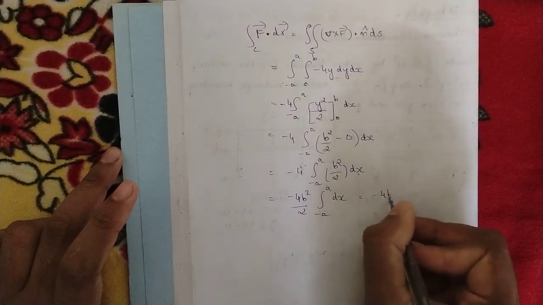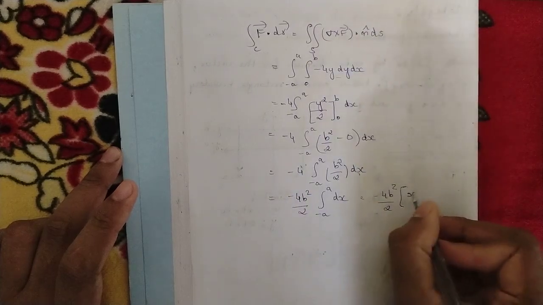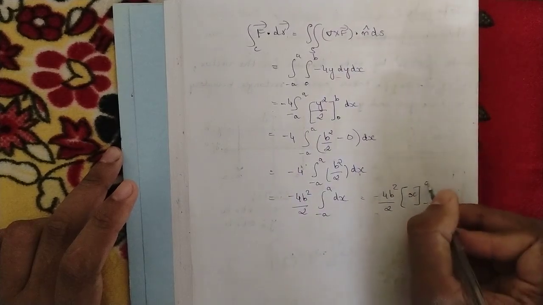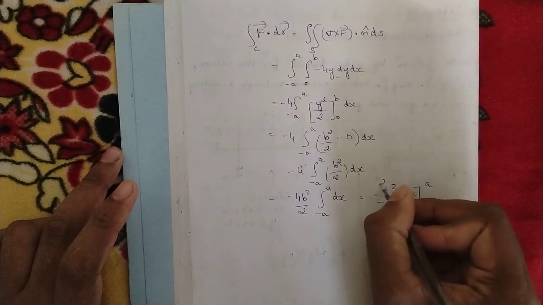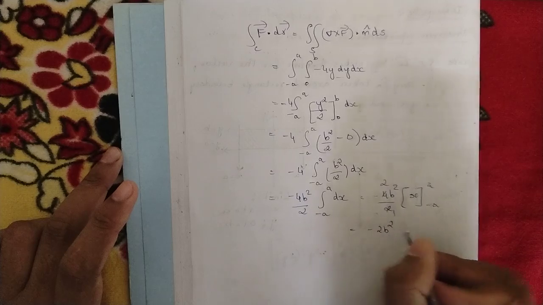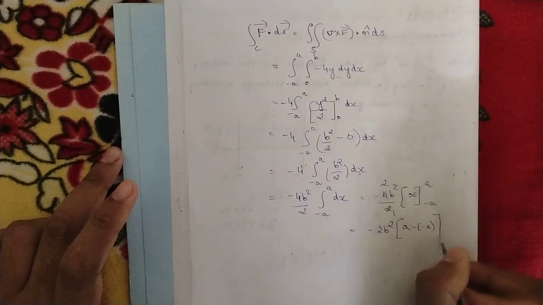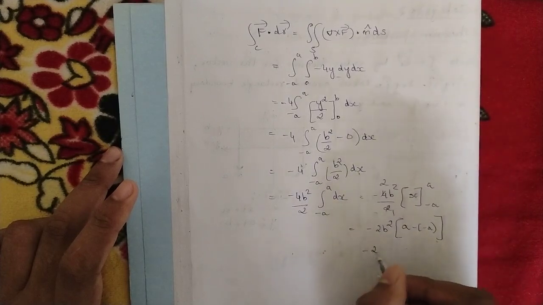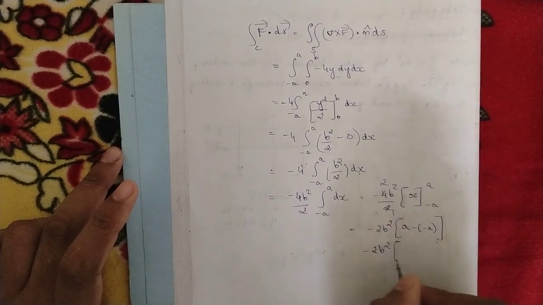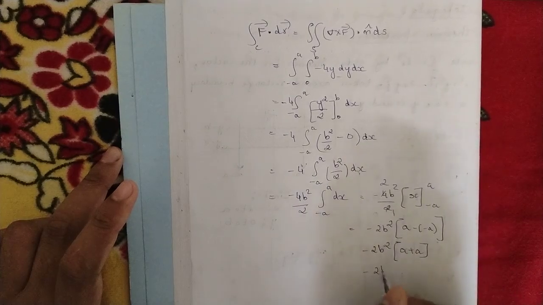So minus 4 b square by 2 into integration of dx, which is x, and the limits are from minus a to plus a. Two 2s are 4, so we are left with minus 2b square, and here the upper limit is a minus of minus a. So we would be getting minus 2b square, a minus of minus a is a plus a, minus 2b square into 2a.